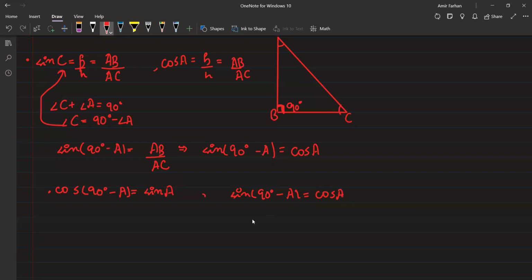I'm happy that you are getting my point very early and fast. Next thing is that tan(90° − A) is equal to cot A. Cot and tan are complementary to each other.